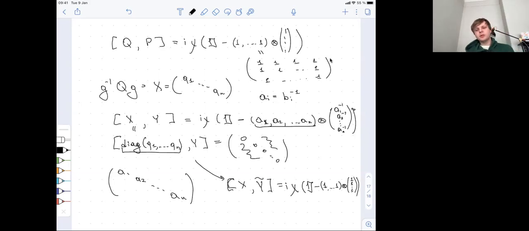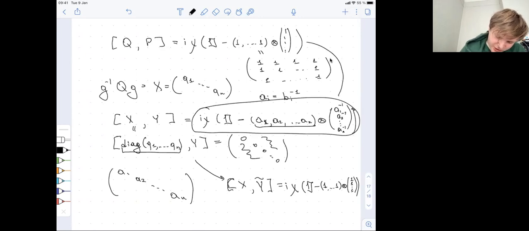So in principle, what we obtain is actually just an element of the coadjoint orbit of the initial moment map. But since the stabilizer of this matrix is very big, you can always diagonalize one of your initial matrices Q and P and keep the moment map the same, keep it constant.